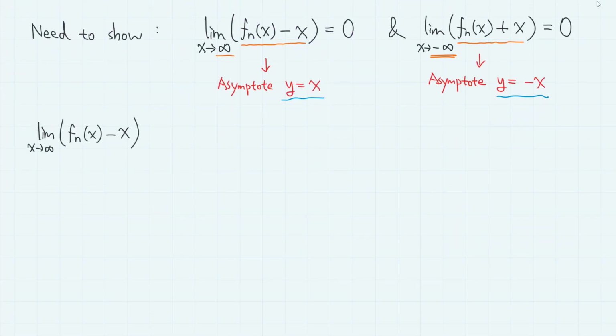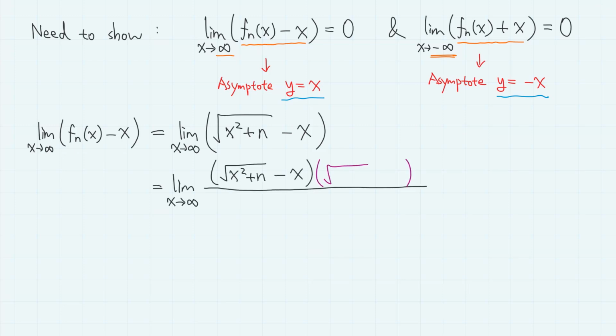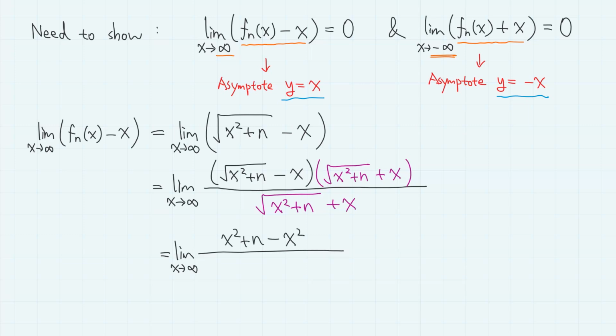Here, notice that the limit of f_n(x) minus x as x approaches infinity is equal to the limit of square root of x squared plus n minus x. So we multiply square root of x squared plus n plus x at both numerator and denominator, which gives the numerator x squared plus n minus x squared, and the denominator square root of x squared plus n plus x.